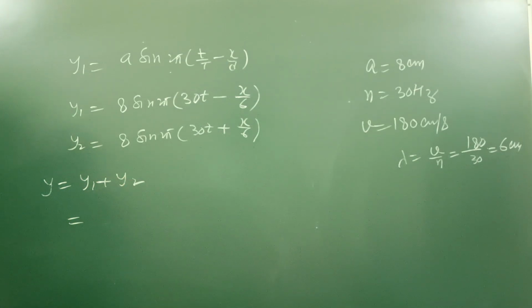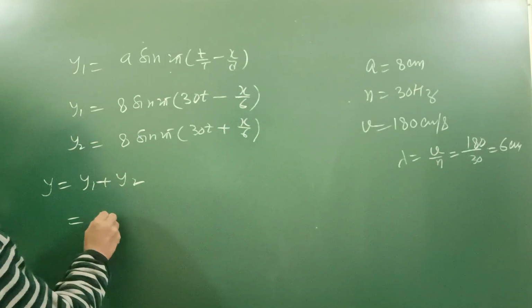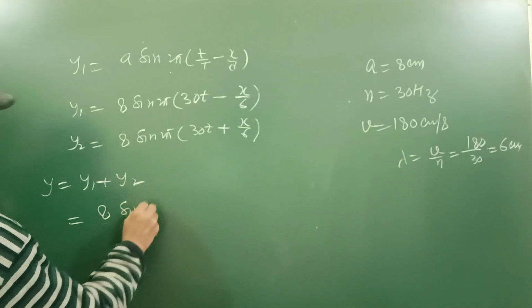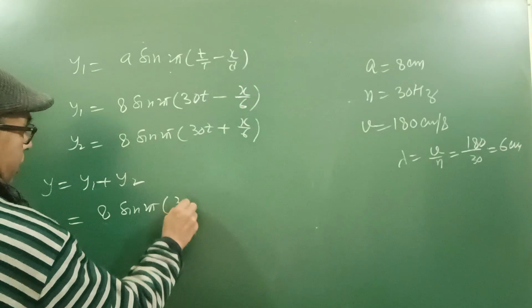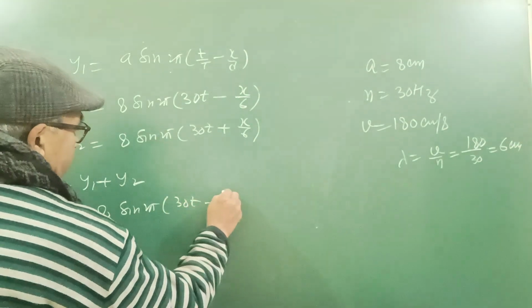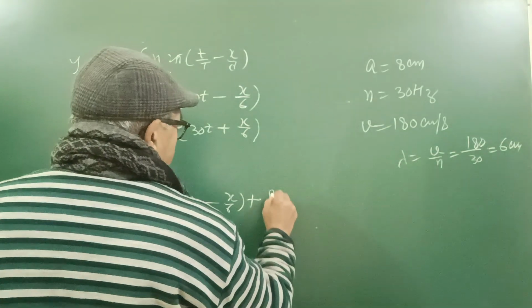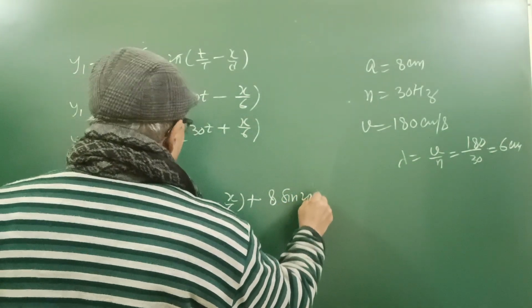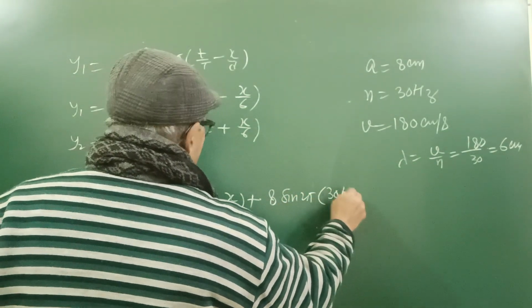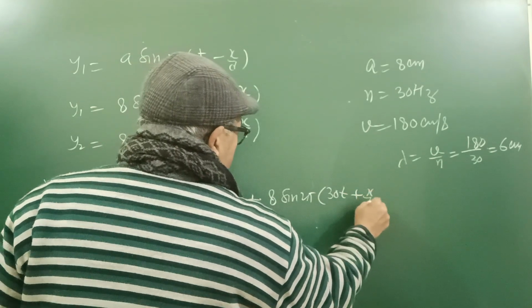y1 plus y2 is 8 sin 2 pi (30t minus x upon 6) plus 8 sin 2 pi (30t plus x by 6).